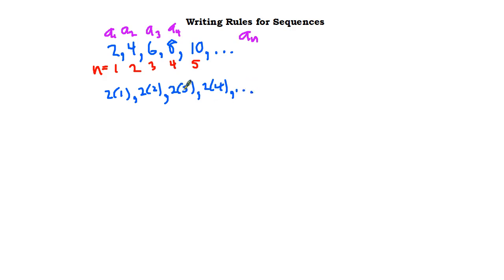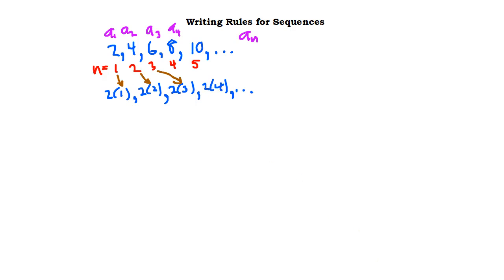What I want to point out is that the n's themselves are this number that goes in the parentheses. That's what the n is: 1, 2, 3, 4. And then the number out in front, 2, is there in every single term.